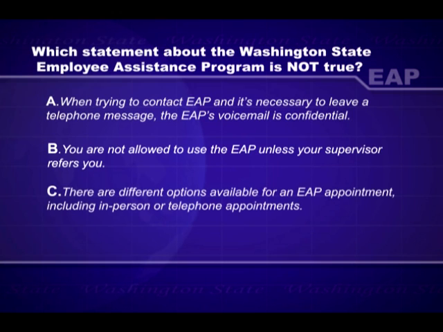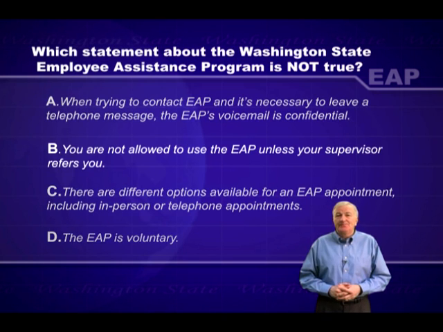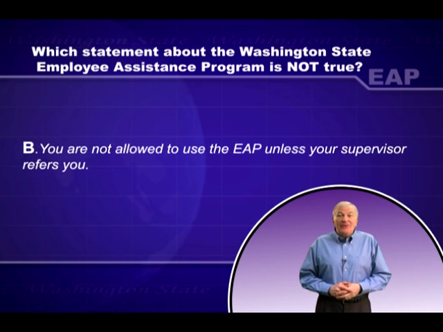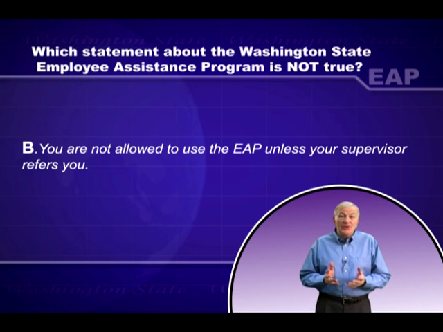C. There are different options available for an EAP appointment, including in-person or telephone appointments. Or D. The EAP is voluntary. The correct answer is B. You may contact EAP on your own, or your supervisor or human resources might refer you. Telephone appointments are also available.